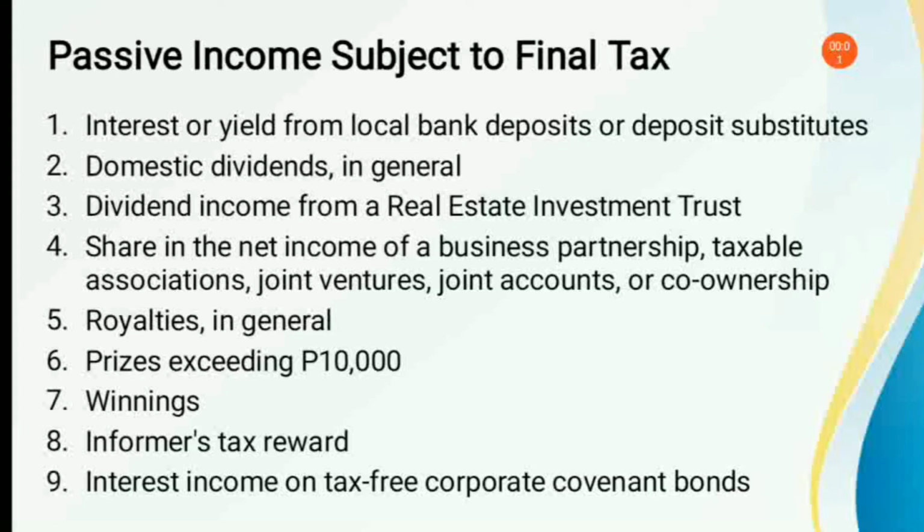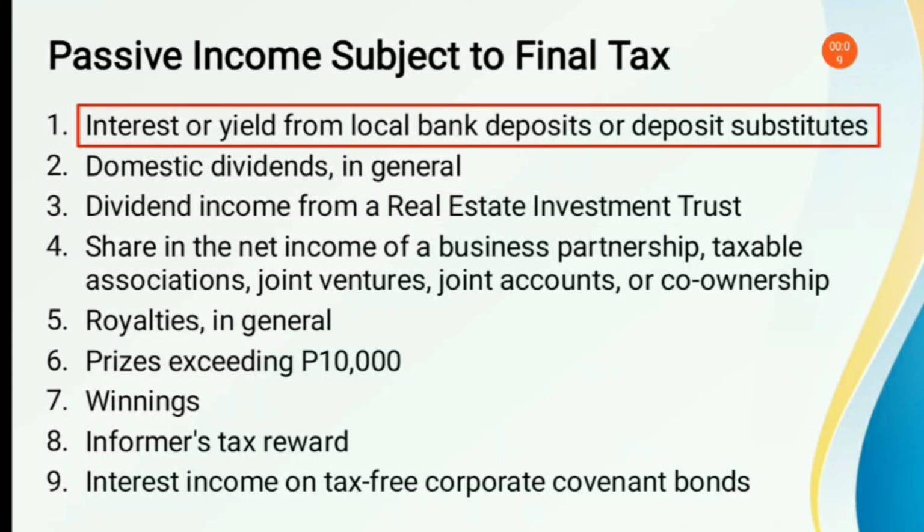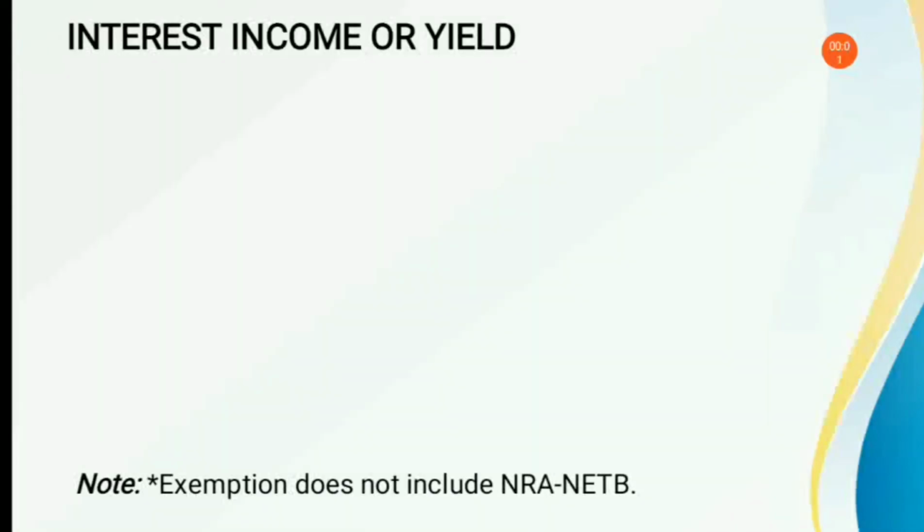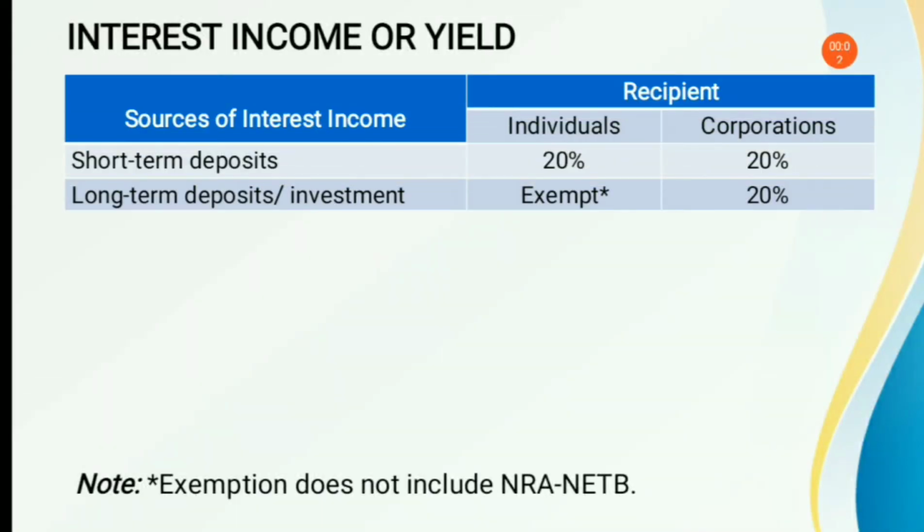Okay, so now pag-uusapan natin isa-isa yung mga passive income subject to final tax, and we'll start with the interest or yield from local bank deposits or deposit substitutes. So, interest income may come from short-term deposits or long-term deposits or long-term investments.